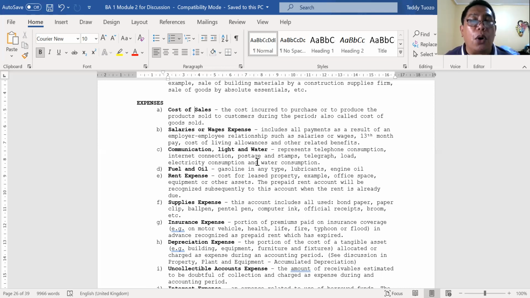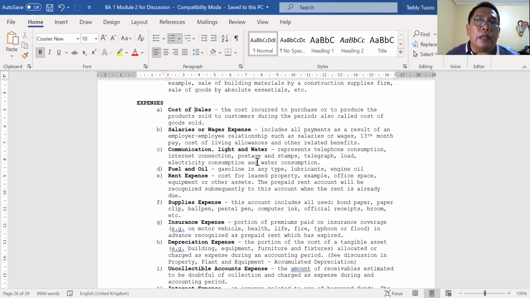So fuel and oil, communication class and postage and stamp. Actually, postage and stamp can be classified as supplies expense, especially if the stamp is really a physical stamp, not a metered stamp.